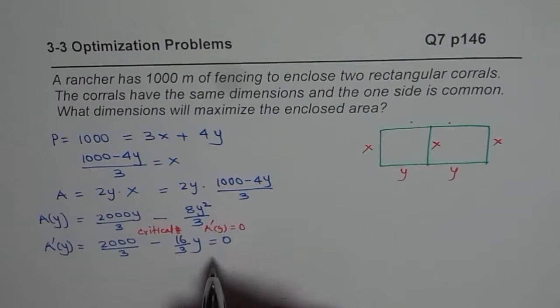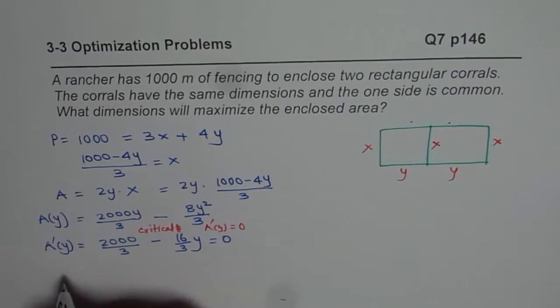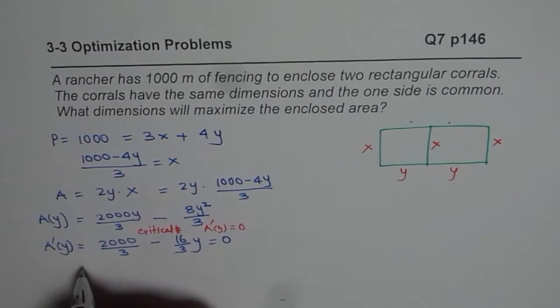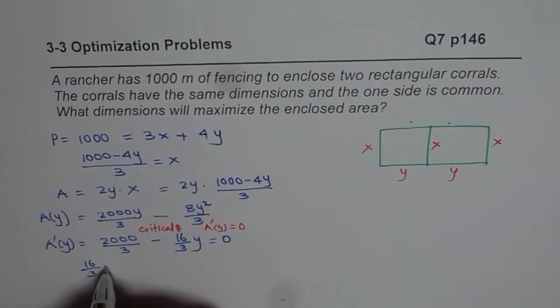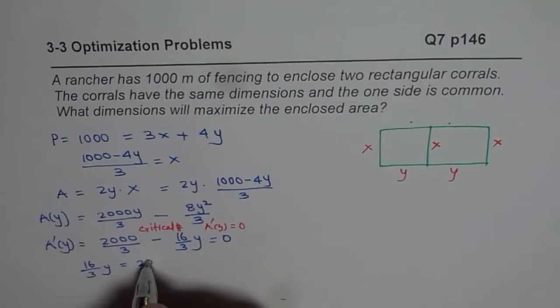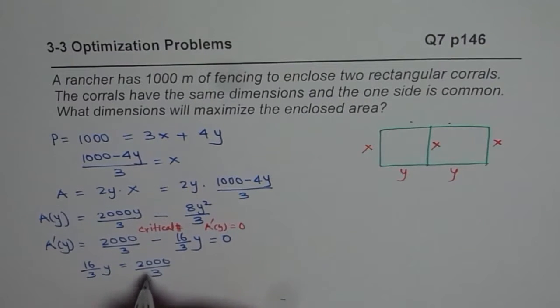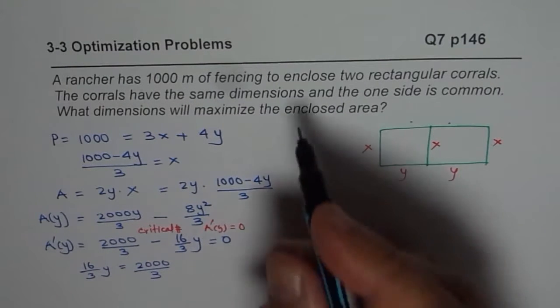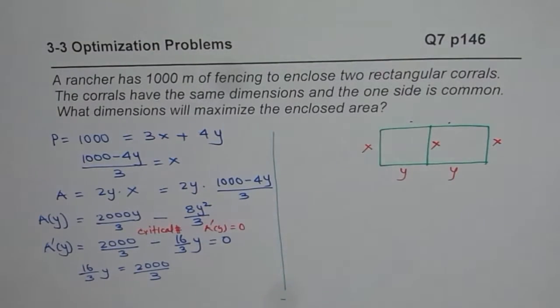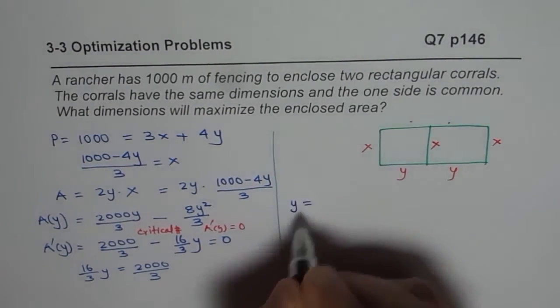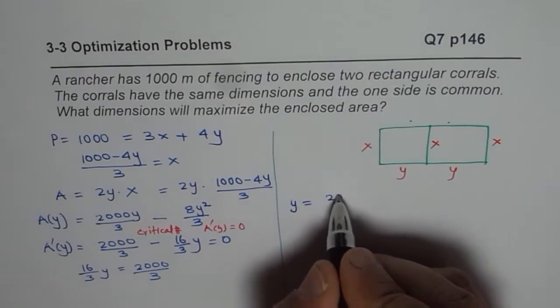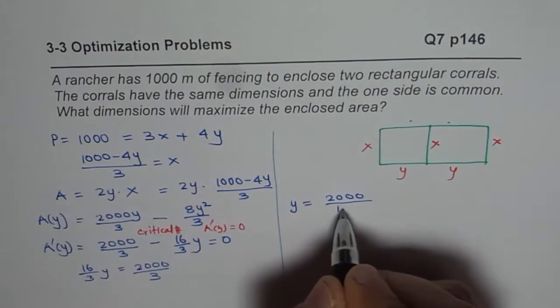Now in this particular case, we can solve it on the right side of the page. You can say 16 over 3 times y should be equal to 2000 over 3, right? So what we have here is that the y value should be equal to 2000 divided by 16, right?